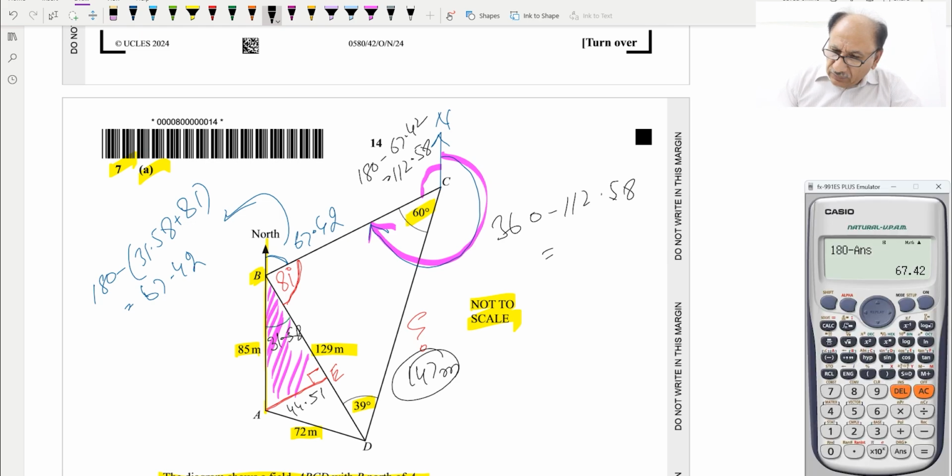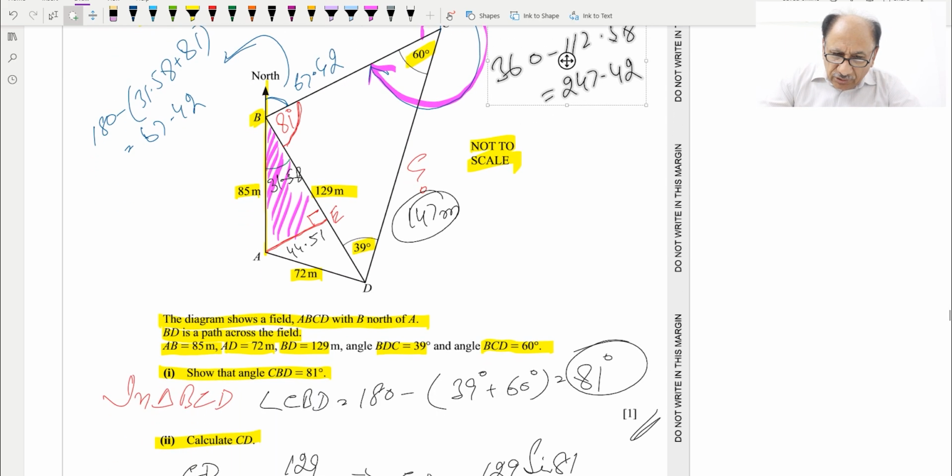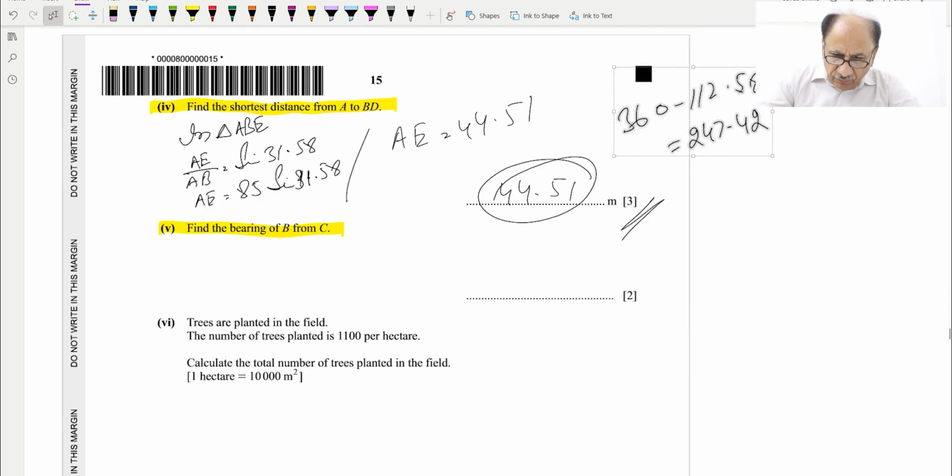Let me calculate again because we changed the number. 360 minus 112.58 is equal to 247.42. This calculation I want to move to the proper location, and this will be our answer for this part.